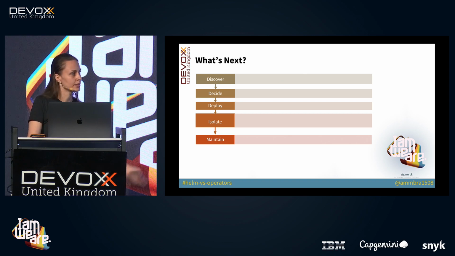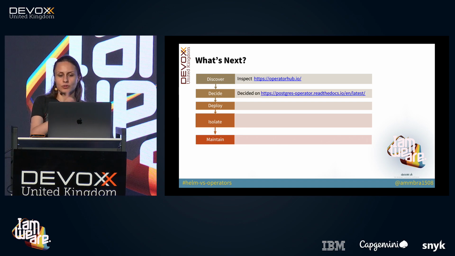The thing is, what's next for our scenario with the two microservices? For one of them, the one that has the Helm chart separate for the PostgreSQL database, I want to replace that one with an operator. So what I did, I inspected operatorhub.io. I decided that I want to use a Postgres operator because there are actually multiple operators there. I deployed it.